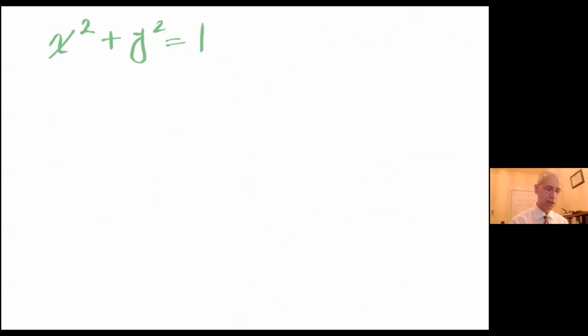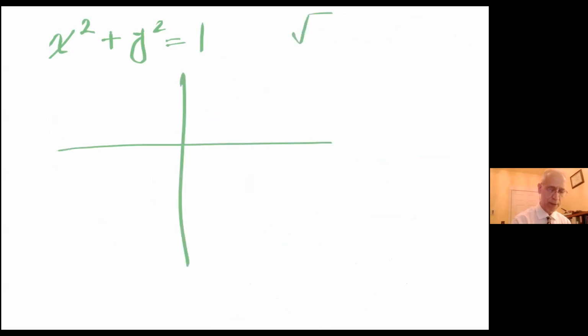That means I have a circle whose radius is 1, because the square root of 1 equals 1. So here's the center. This is y, this is x, and 1, 1, 1, 1. And then I have a circle with a radius of 1.